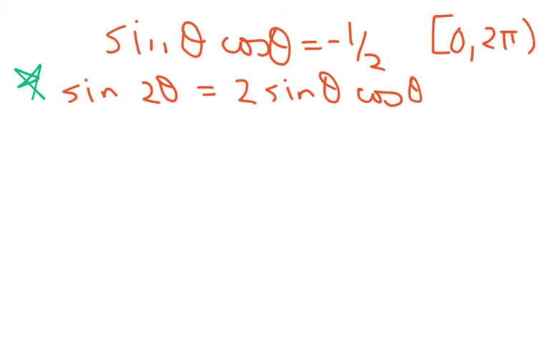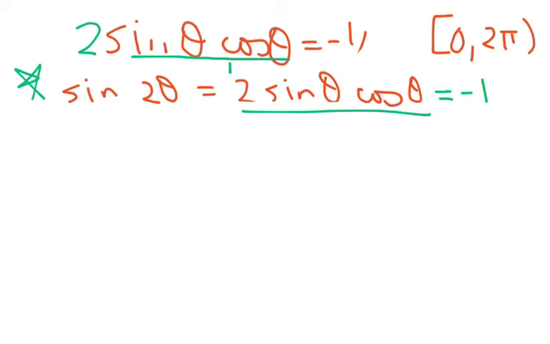If I cross multiply here and multiply the 2 and put it up here, then basically I have 2 sine theta cosine theta equals negative 1.